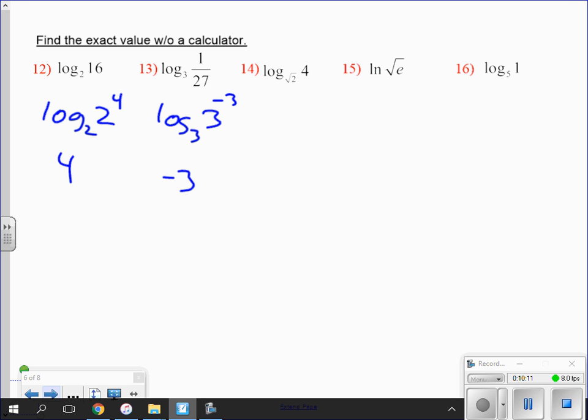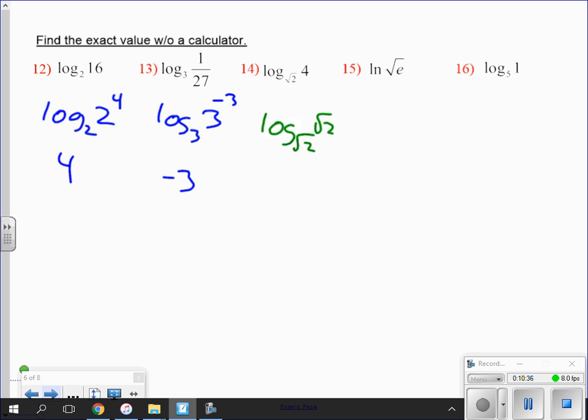Next one's a little trickier. Log base root 2 of root 2 to what power? Well, 4 is 2 to what power? 2 squared.